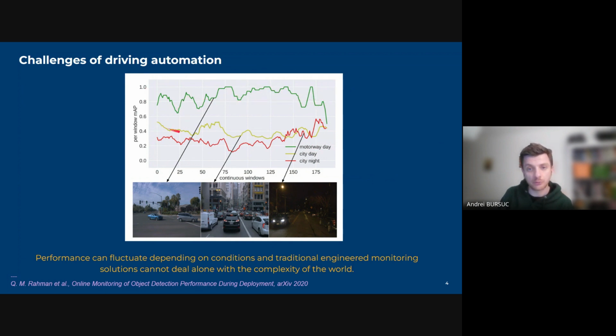Going then to the light green curve, we can see that the performance is quite lower compared to the green one. So here we are in the city environment, which is depicted here during the day. Again, the performance fluctuates in time depending on the number of agents in the traffic, on the conditions, and also on the quality of our object detection model.